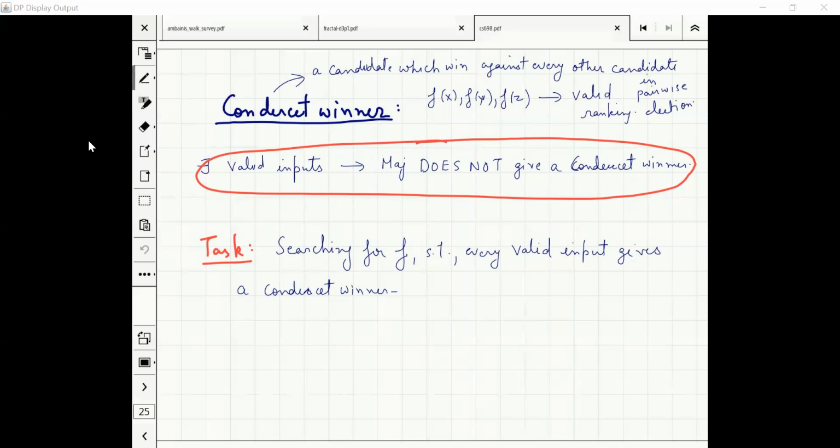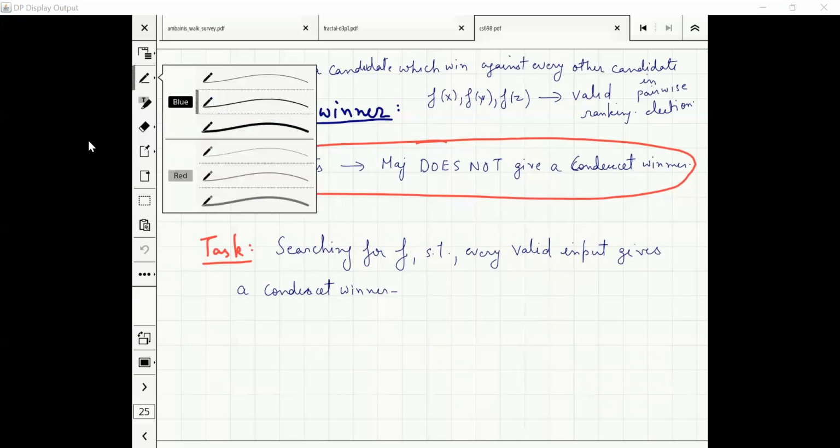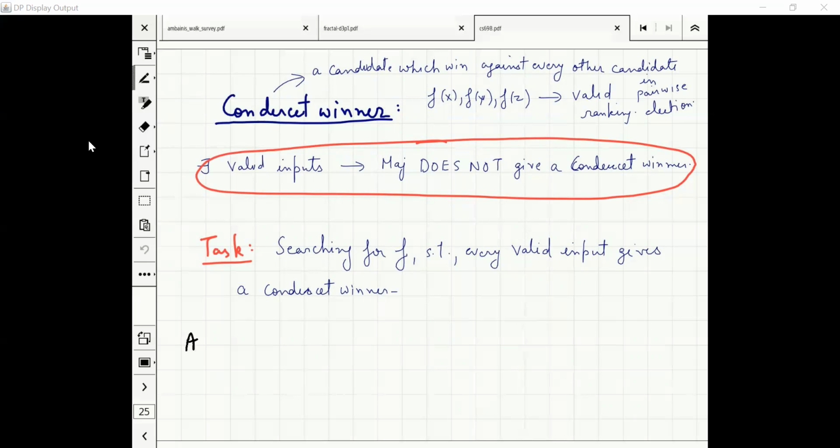Any doubt till now? Are we all on the same page? Okay, since no one asked any question, I assume you are all on the same page. What Arrow's theorem tells us is that the only such F is, do you want to take a guess?